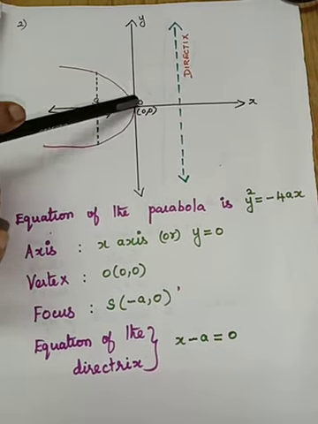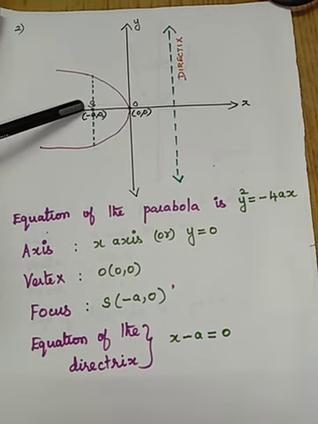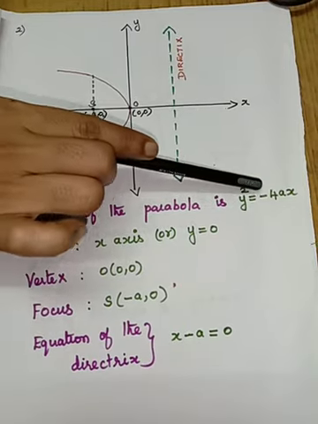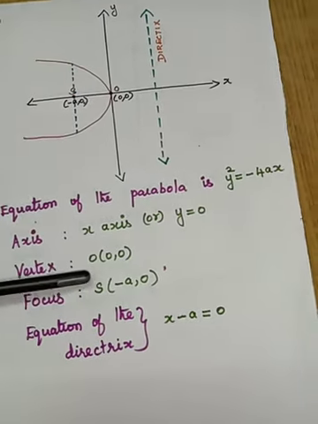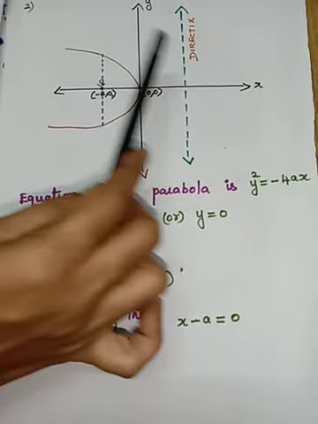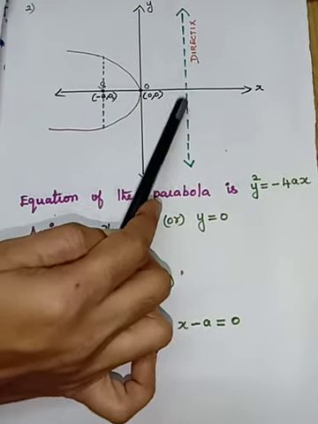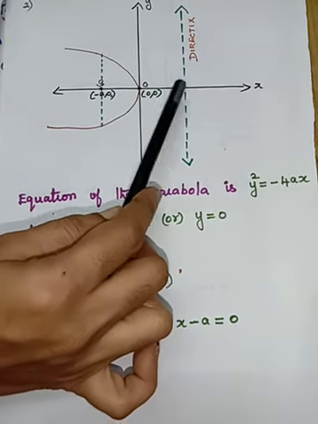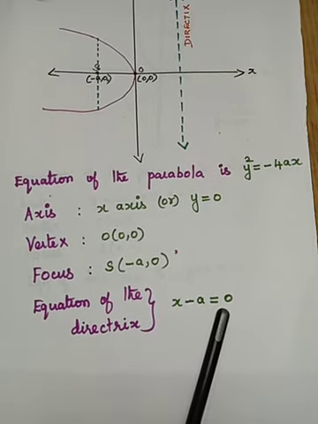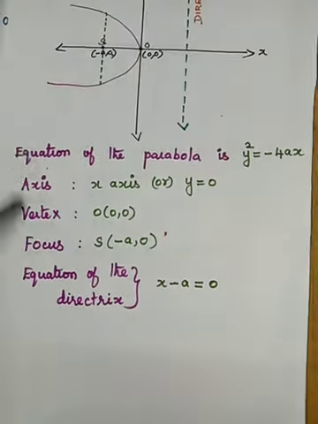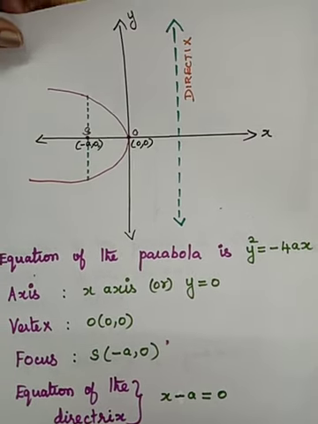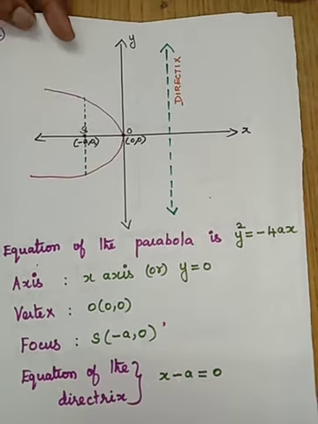The parabola is on the negative side, so your focus is (minus a, 0). y squared equals minus 4ax means the focus is (minus a, 0). The directrix is just opposite, so the x value is positive. So x equals a, which means x minus a equals 0. These are the results you should know: the diagram and the properties of the parabola. We'll see the next one.